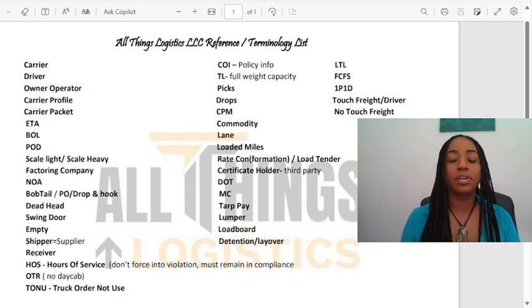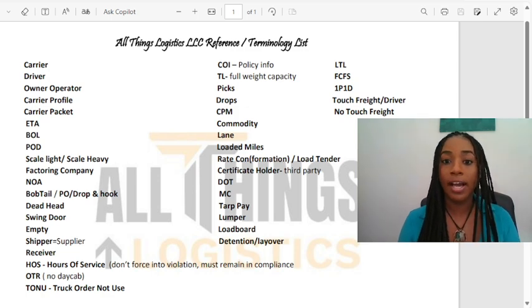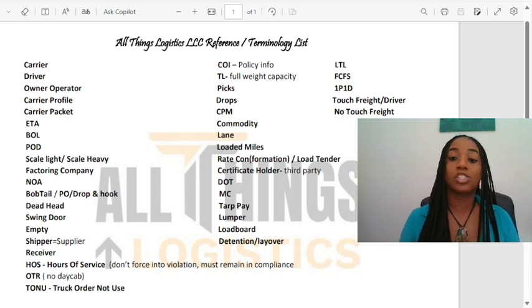When they get to the receiver, they have 2 hours to unload before they're considered to be going into detention. Now, be careful with the rate cons, because they are getting really tricky now. You have to notify the broker an hour before your carrier goes into detention, or you have to notify your broker within 30 minutes of going into detention, or they're not going to pay detention.